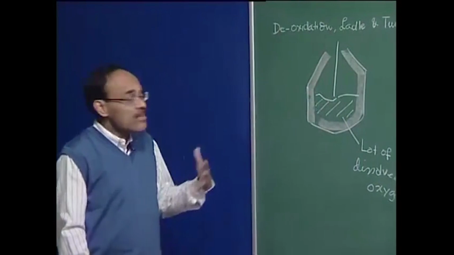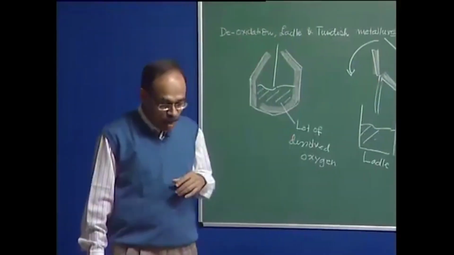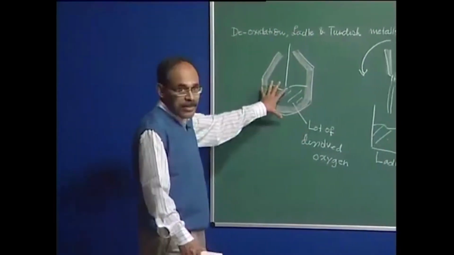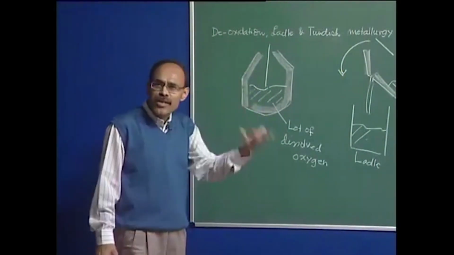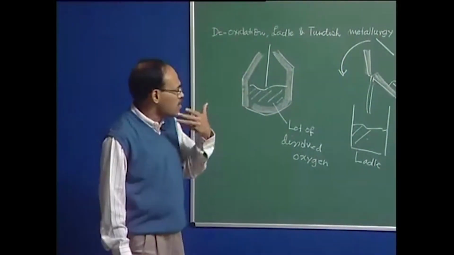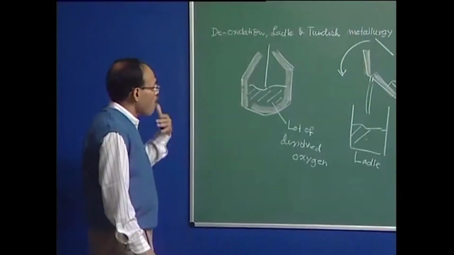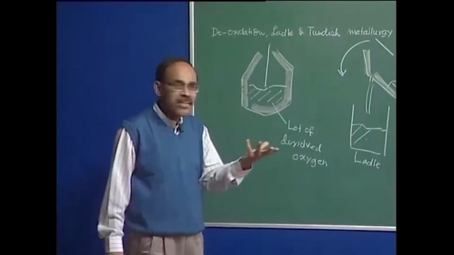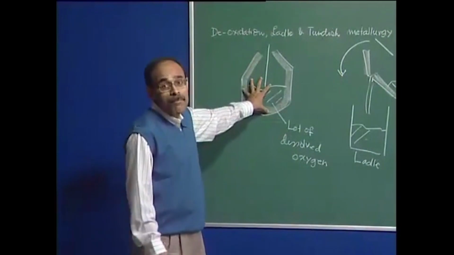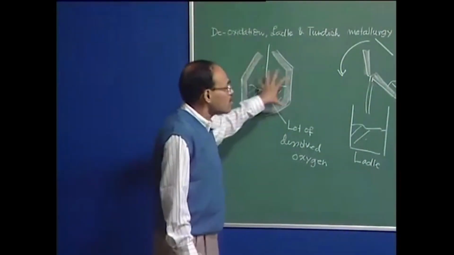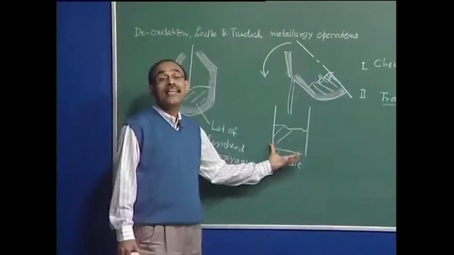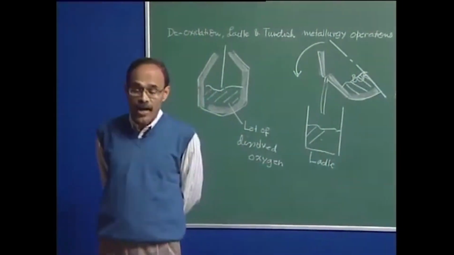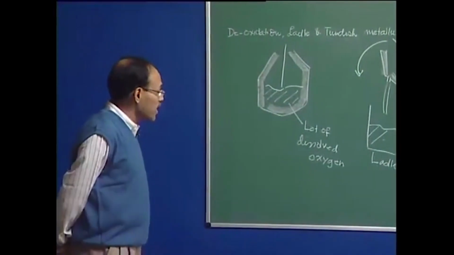So today the tendency in modern steel making companies is to use this vessel only for decarburization, and subsequent operations like maybe desulfurization or composition adjustment or temperature adjustment can be carried out in a vessel beyond the primary steel making vessel, and there we will see as we advance that the ladle will evolve into a very useful reactor which we will call the ladle furnace.